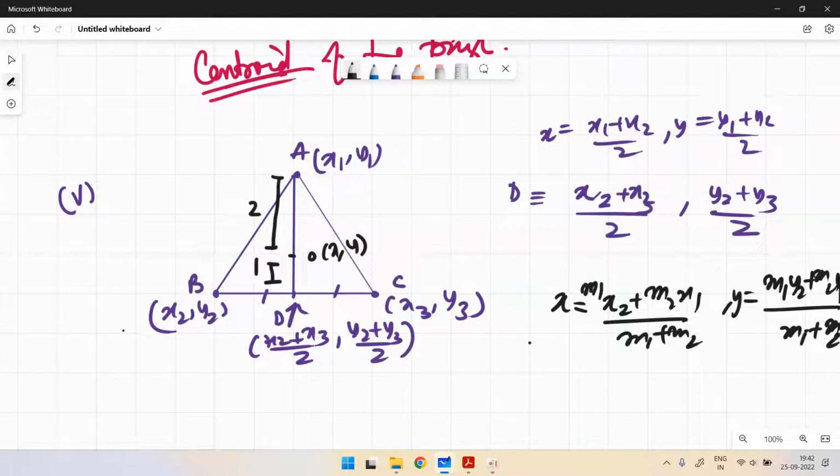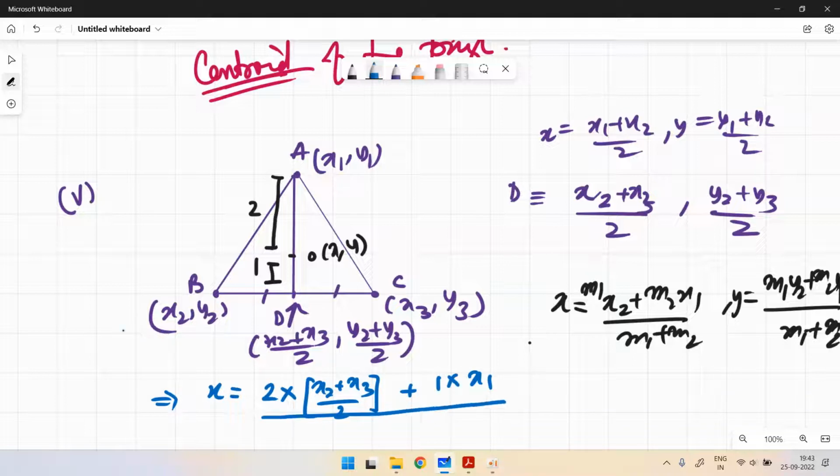Now using this formula, you can simplify it with the ratio 2:1, so m1 is 2 and m2 is 1. So x equals 2 into x2, where x2 for this case is x2 plus x3 by 2, plus 1 into x1, divided by 2 plus 1, which is 3.